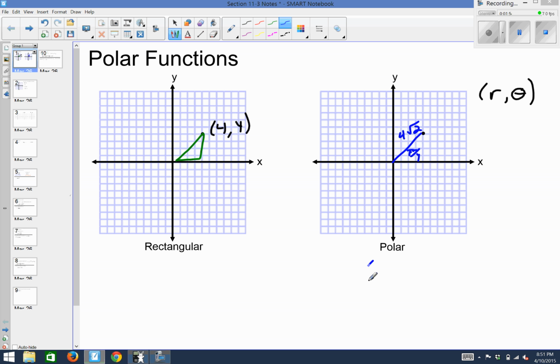And so in polar coordinates, this would be (4 radical 2, pi over 4). What this is telling me is a distance to go from the origin at this angle, and it gives me the exact same point, just a different way of getting there.